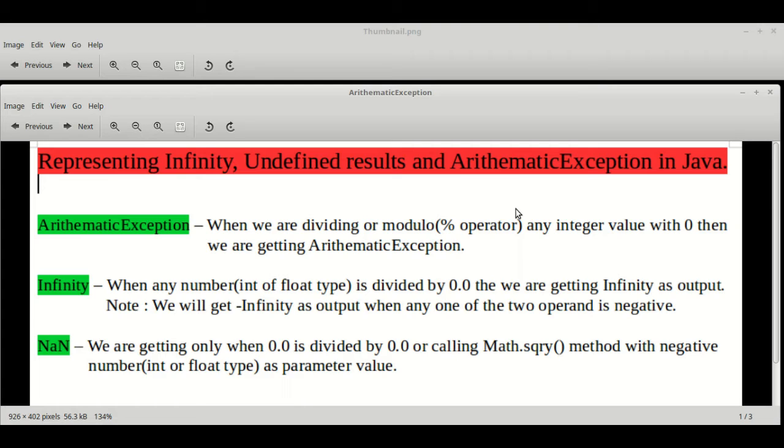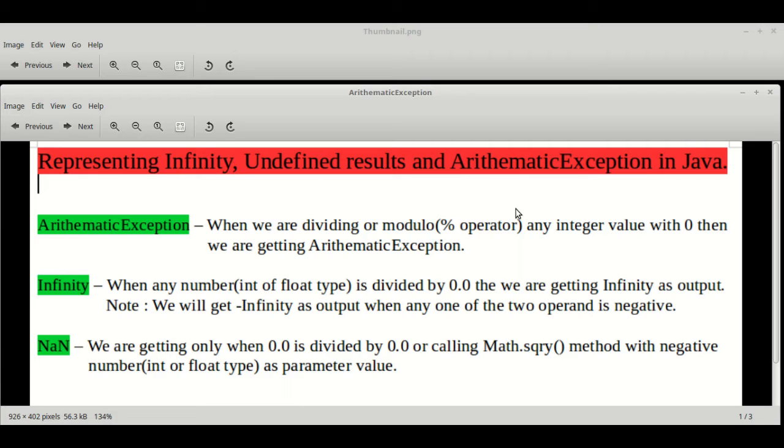When any number is divided by 0.0, we get infinity as output. We get negative infinity when any one of the two operands is negative. If both are positive, we get infinity. If both are negative, we get positive infinity.